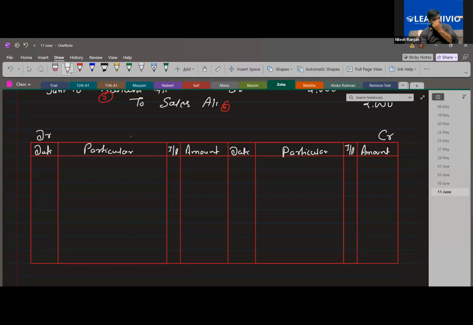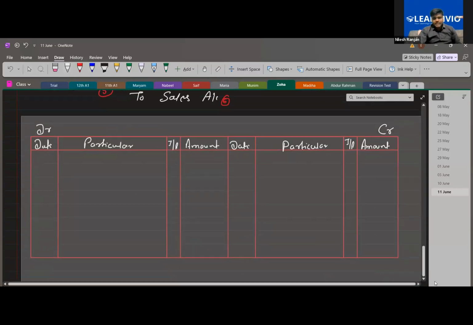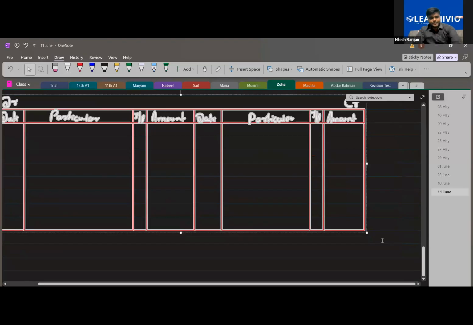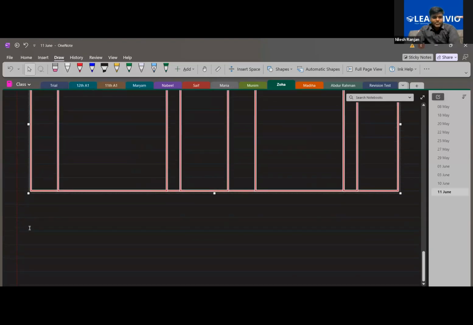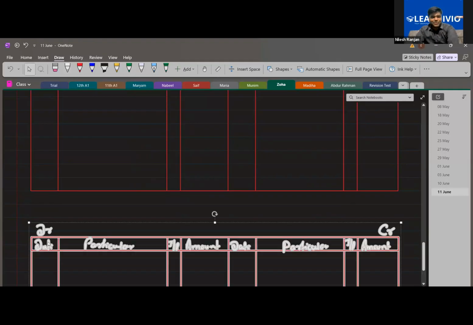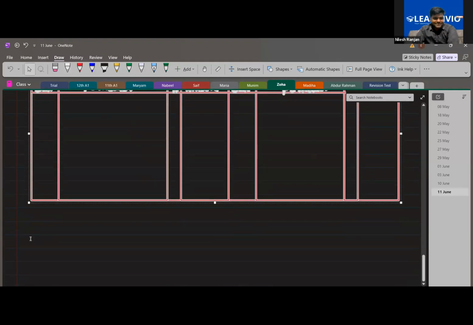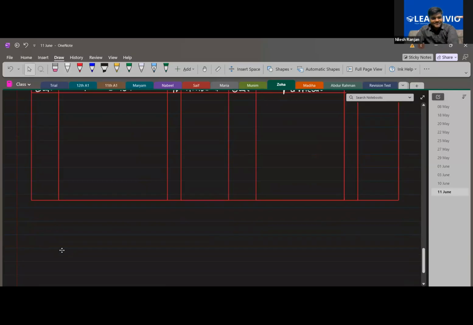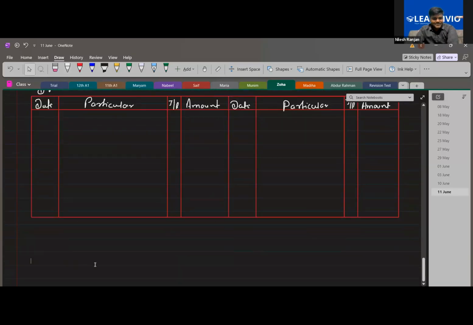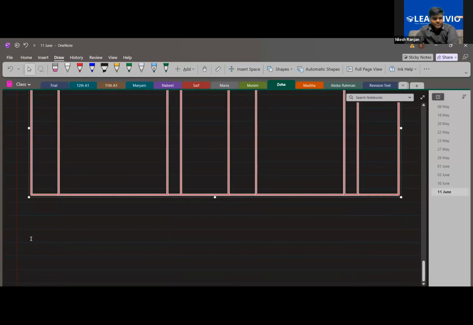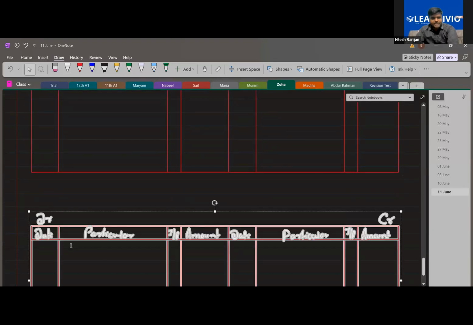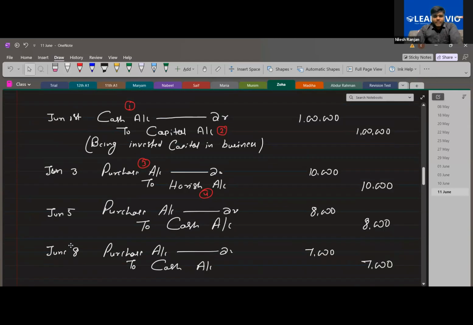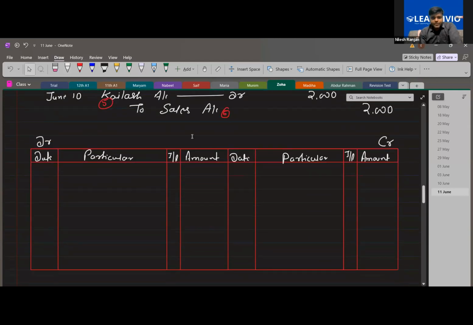Okay, let's say I will write the account name later, just copy this 6 times. Actually, you cannot do the copy part in your notebook. 4, then 5, then 6. Now, the cash account is the first one.